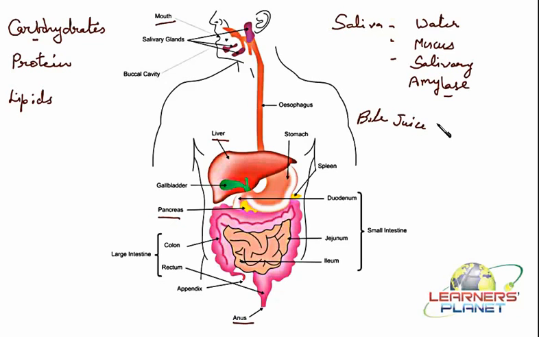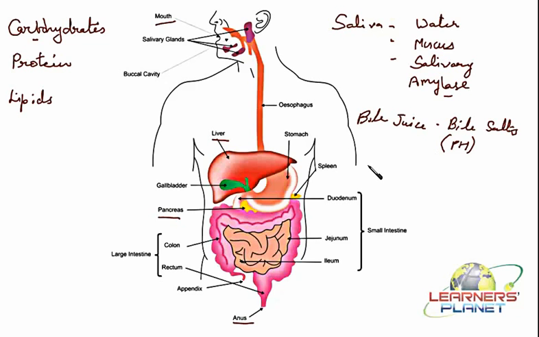And what does this bile juice basically have? The most important constituent that we must discuss right now is the bile salts, right? These bile salts provide the alkaline pH, and this alkaline pH provides favorable conditions for the functioning of these intestinal enzymes, right?